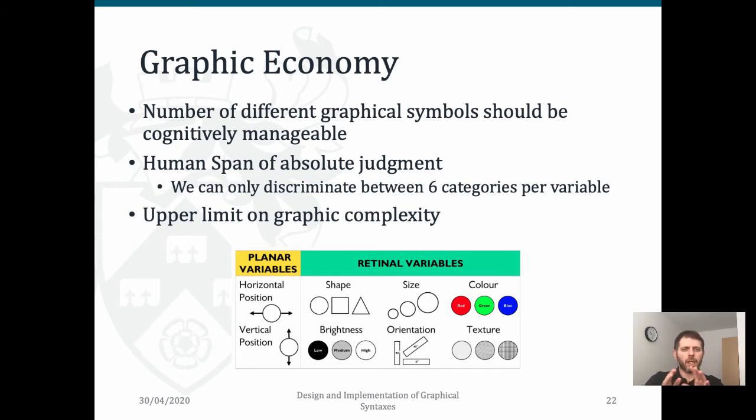So they should be relatively small, particularly with reference to particular variables. If you decide, for example, to only use color to discriminate between the different nodes in your graphical syntax, and you use 32 different shades of green, that's no good, because we can only discriminate between up to 6 categories per variable.